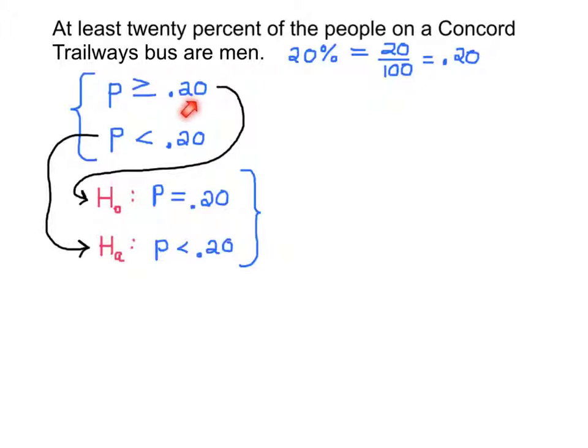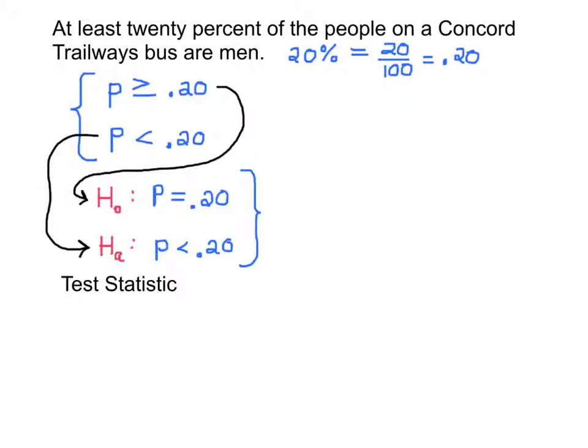And then the alternative would be that they're less than 20%. So these are the two statements that we have. The null hypothesis comes from the statement that has the equal sign in it, but we just keep the equal sign. And the alternative hypothesis becomes the other statement. So here's how we set up our null hypothesis and our alternative hypothesis.